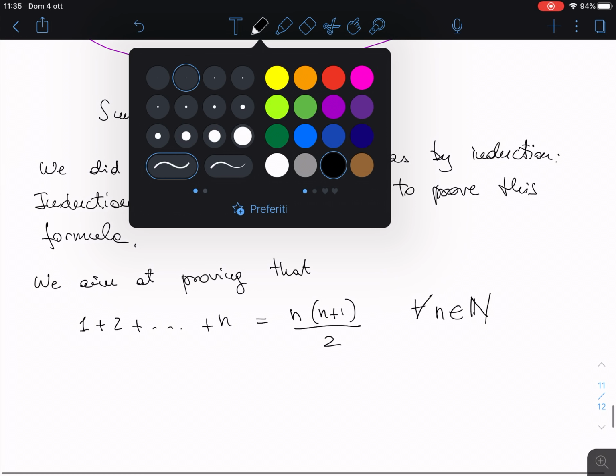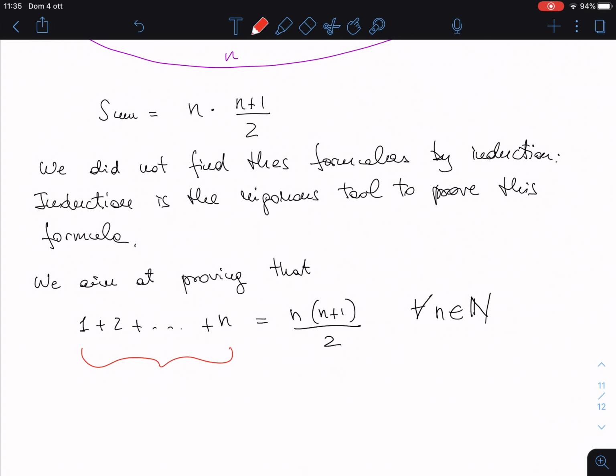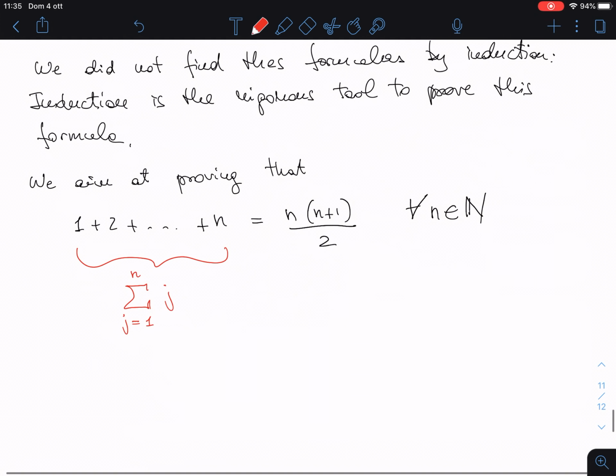Just a notation, we will use it a lot. This can be written as the sum for j starting from 1 and going up to n of j. This is just a way of writing down this formula.